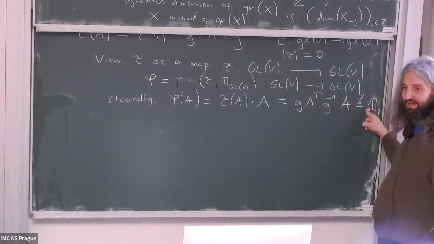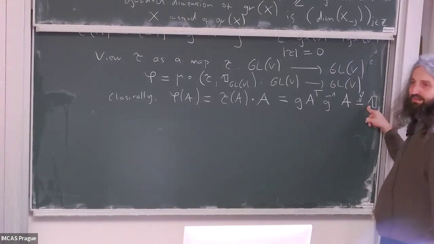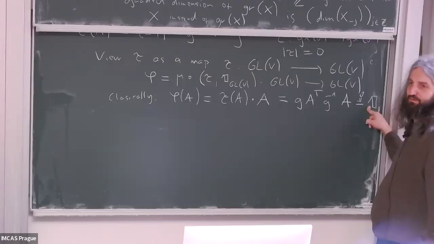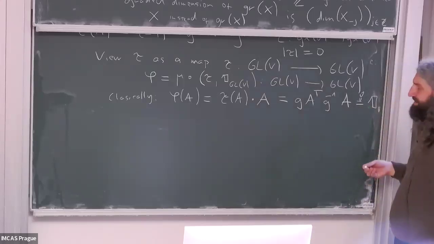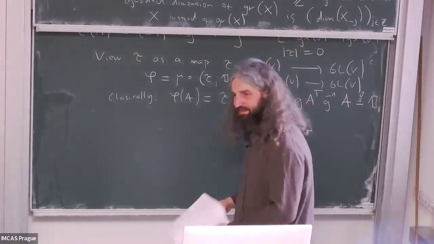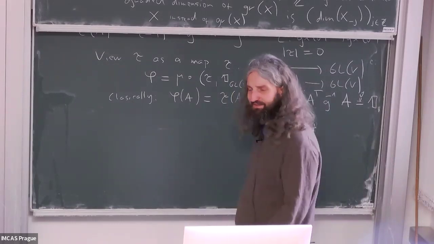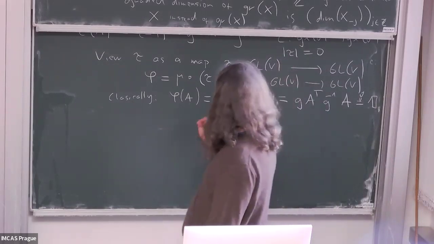And this is how you define your ordinary orthogonal group as a subset of GLV. And we do the same thing, of course, but we cannot define them as sets, but you can still define inverse images in the category of graded manifolds.